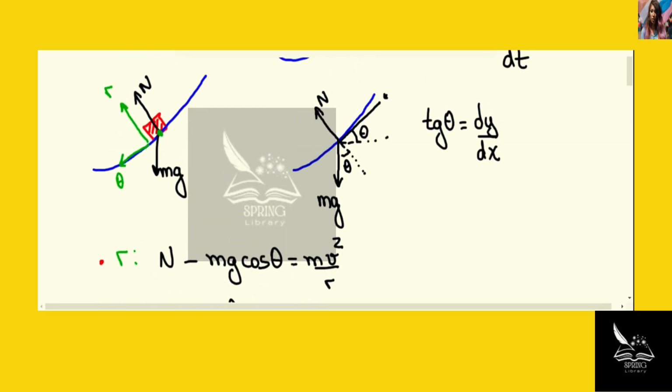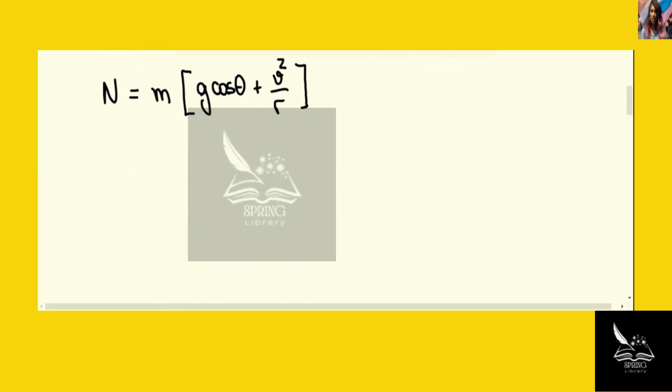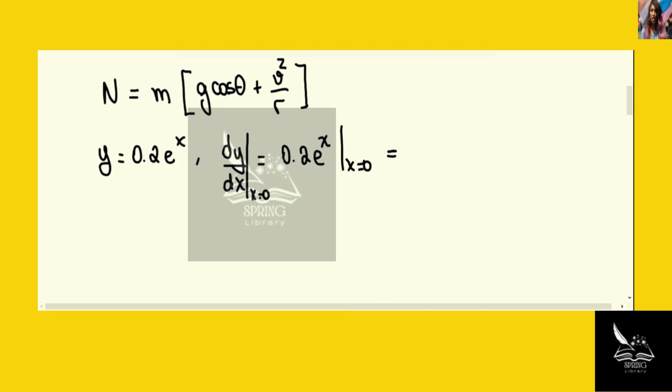Okay, so first I'm going to use this equation here, that the tangent of theta is dy/dx. Now remember that y is 0.2 e to the x, meaning that dy/dx is also 0.2 e to the x. Remember that the derivative of the exponential is the exponential itself. And if we calculate it at x equals 0, we have that dy/dx is 0.2.